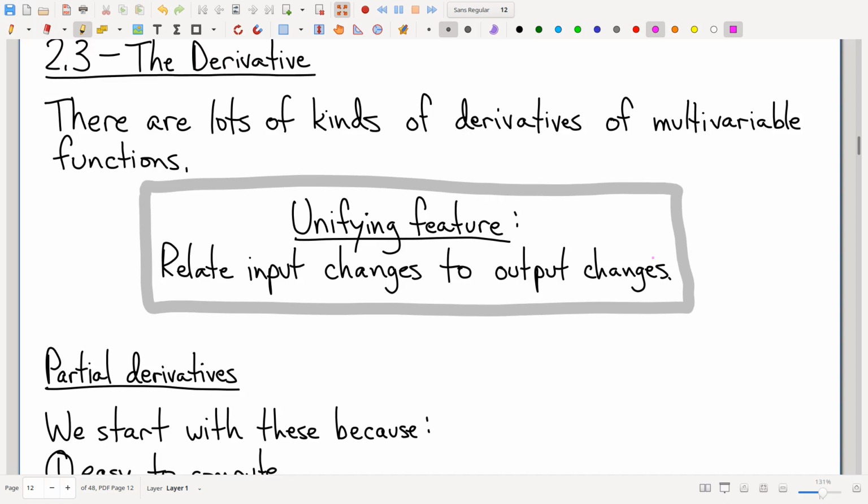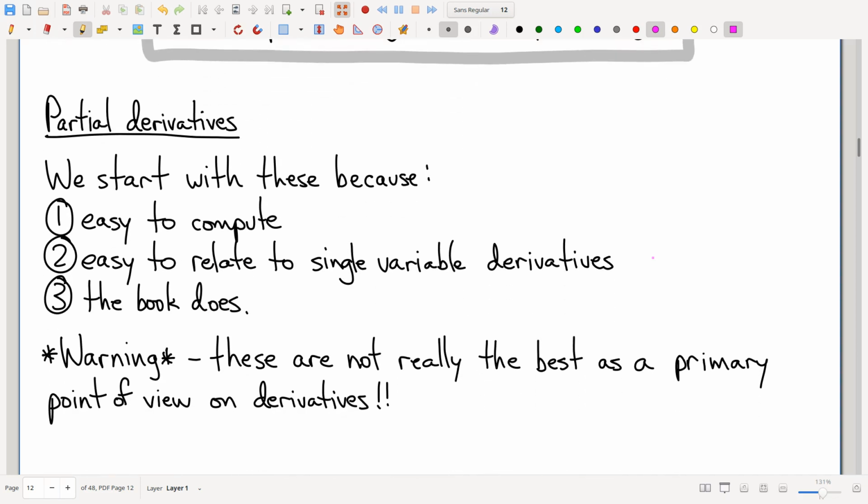Okay, I'm going to start with something called partial derivatives. If you've taken a high school multivariable calculus course, you may presumably have seen partial derivatives previously. That's okay. That's fine. If you haven't, also okay. Possibly better. We'll see. But I want to emphasize why it is that I'm starting with partial derivatives.